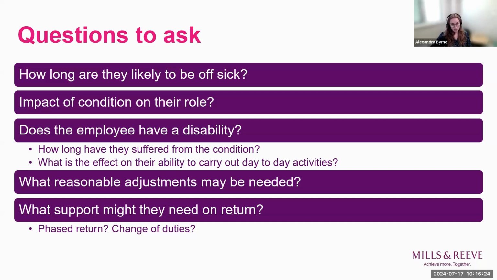And you would do this by saying, for example, how long have they suffered from the condition, and what is the effect on their ability to carry out their day-to-day activities. Remember that although medical evidence helps to guide you, decisions relating to sickness absence remain managerial. That's for the company to decide on.